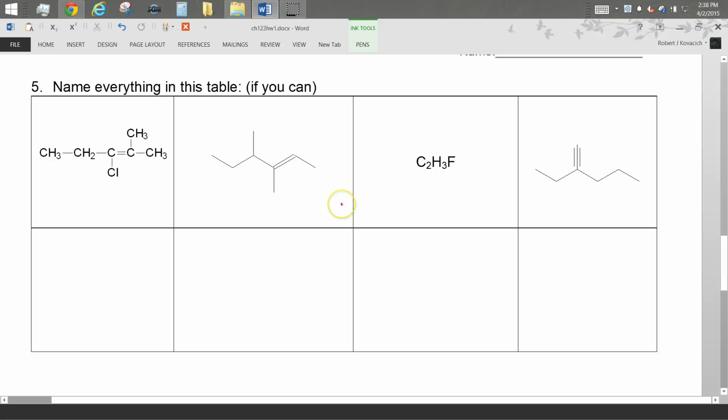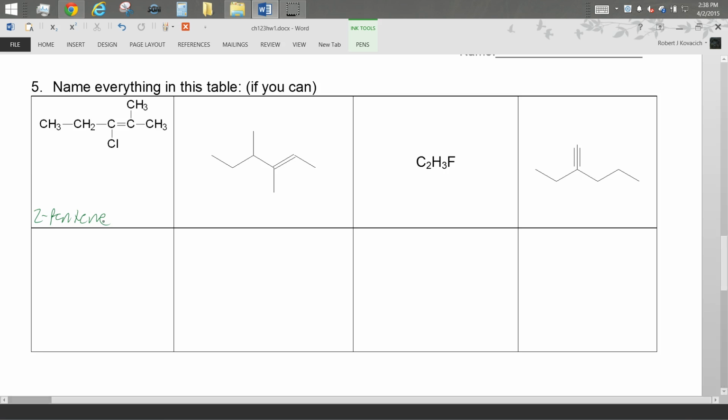We're going to name everything in this table, okay? So I've got 1, 2, 3, 4, 5. So I've got 2-pentene. That does work.